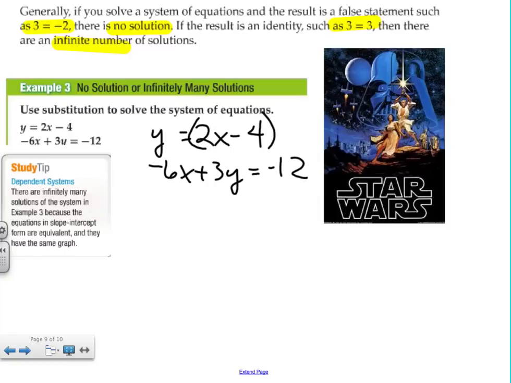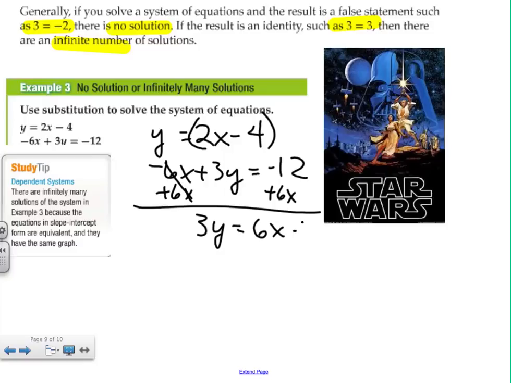I think what they're suggesting we do is put this in slope-intercept form and see what happens. So add 6x to both sides, right? And you get 3y equals 6x minus 12. And if you divide by 3, you get y equals 2x minus 4, right?